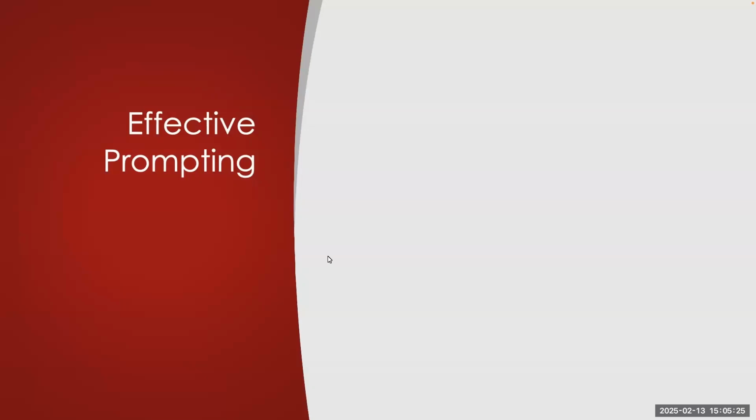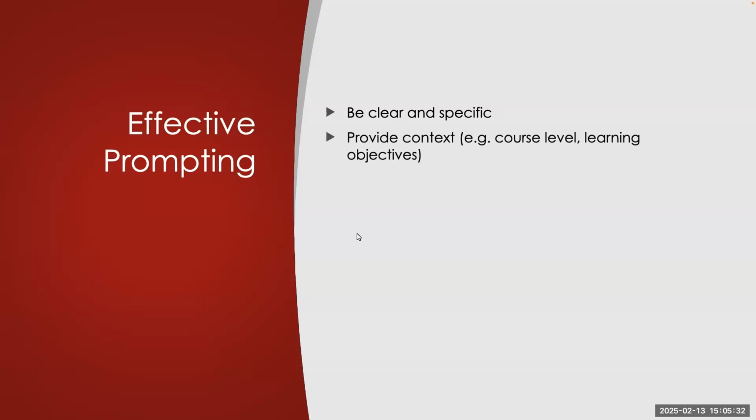So, just to summarize, effective prompting is clear and specific. Provide as much context as possible. Another thing that would have maybe made that prompt even stronger would be to include your learning objectives. Give it constraints. Don't let it just go wild and write me an exam for college physics, because that'll give you more to go through.